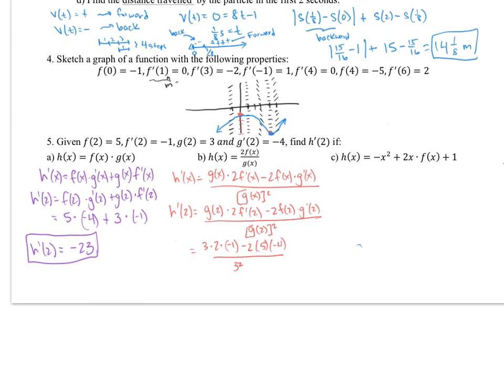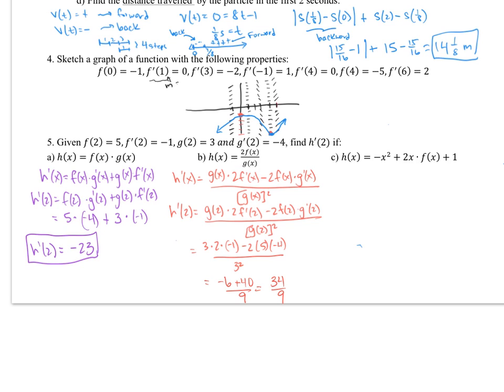That's going to give me negative 6 minus 40, or plus 40, all over 9, which will be 34 ninths. And that's what my h prime of 2 ends up being.